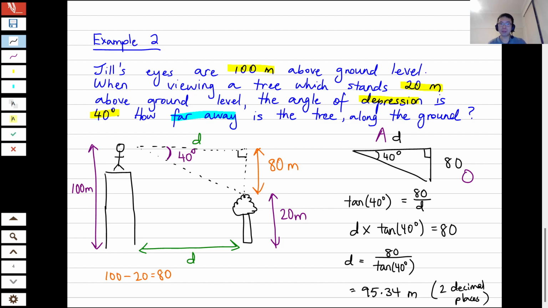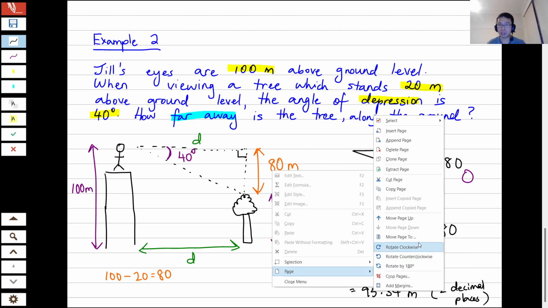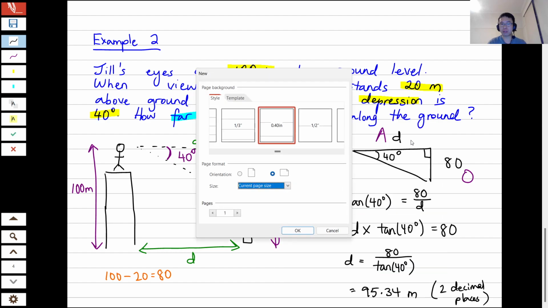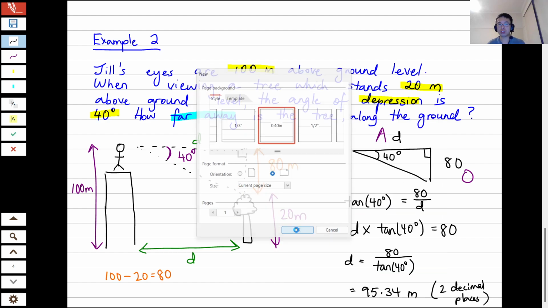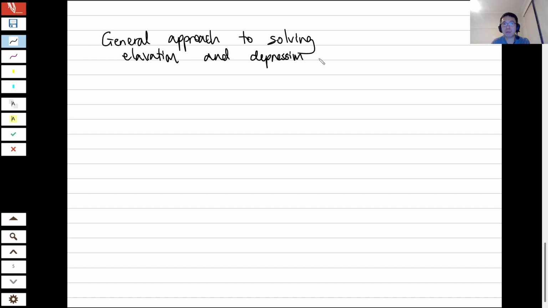So let me just wrap up by saying our general approach to solving elevation and depression problems is as follows. The first thing you want to do is draw a diagram.